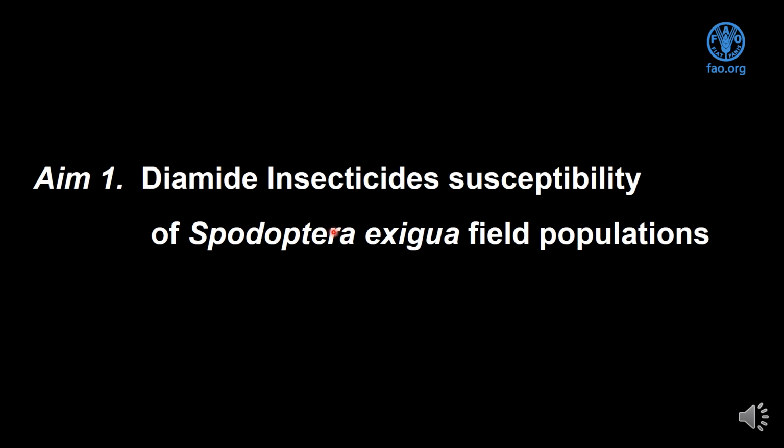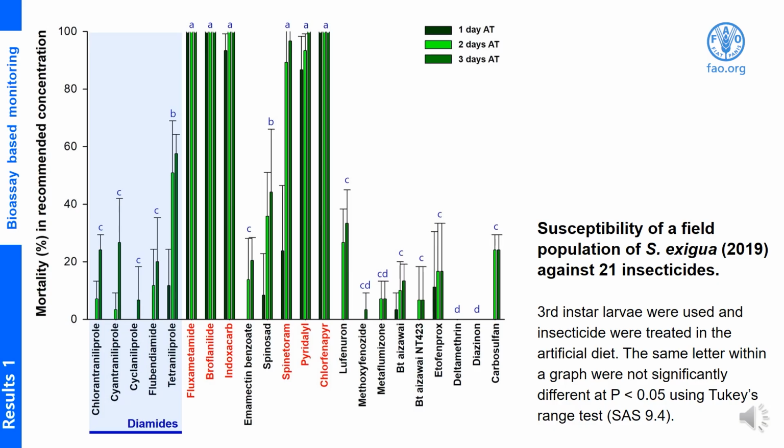Diamide insecticide susceptibility of Spodoptera exigua in field populations. I checked the insecticide resistance of Spodoptera exigua in 2019 against 21 insecticides. As you can see in this figure, most diamides showed less than 50% mortality when treated at the recommended concentration. Tetraniliprole is the exception, but its mortality is also less than 60%.